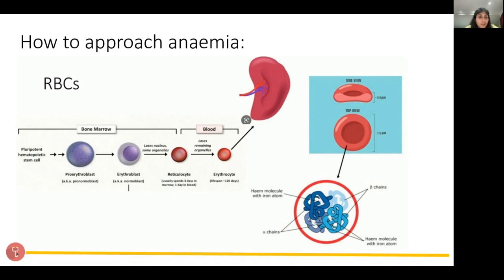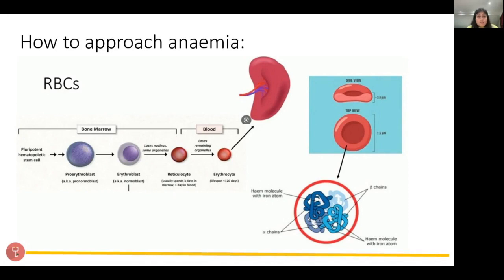Then eventually, after some complicated things happen, they become reticulocytes, and your bone marrow will throw out a load of these reticulocytes, which are basically immature red blood cells.